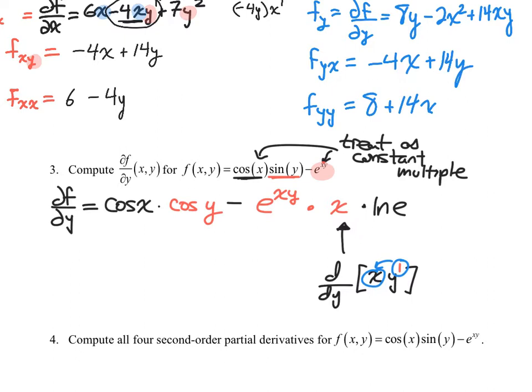It's always been there. We just never write it because it cancels out immediately. ln e is equal to 1. But if this were 2 to the xy power, we would write 2 to the xy times x times the natural log of 2. So just something, old Calc 1 stuff that you should always be mindful of.